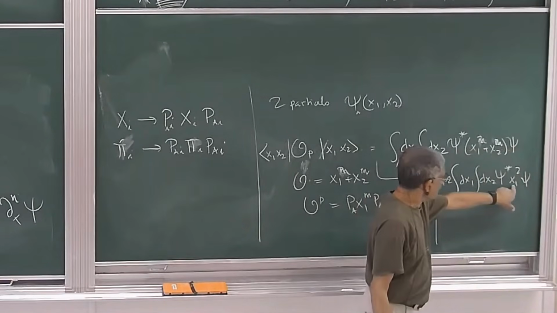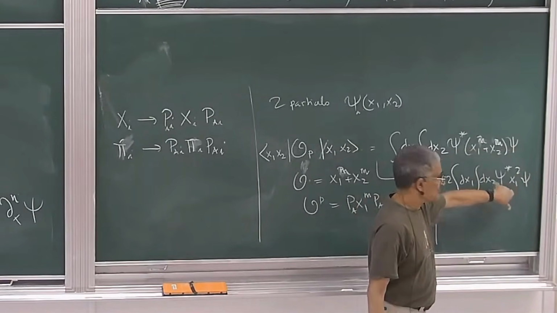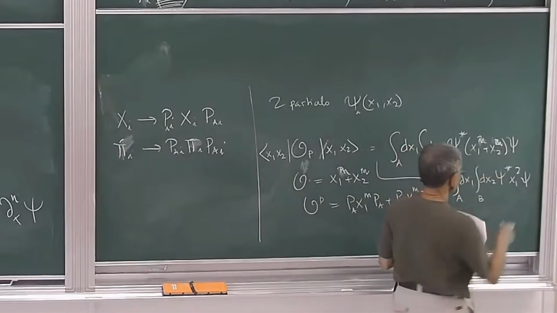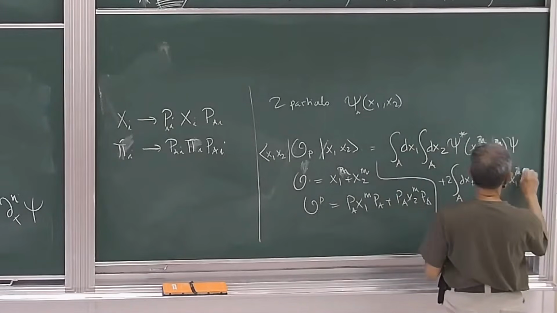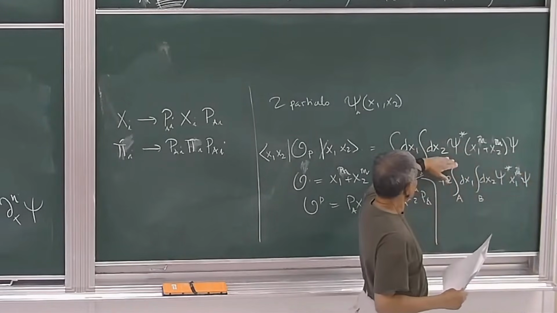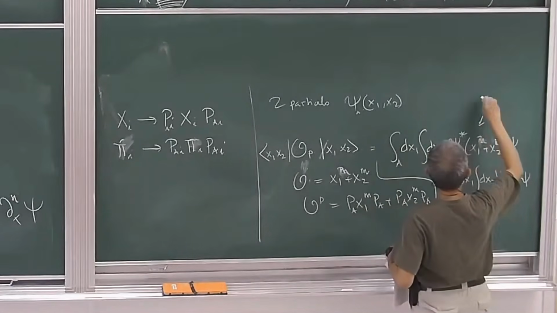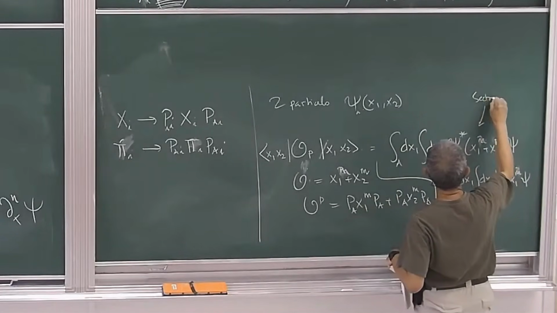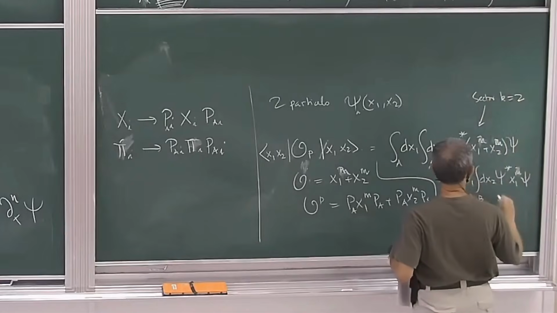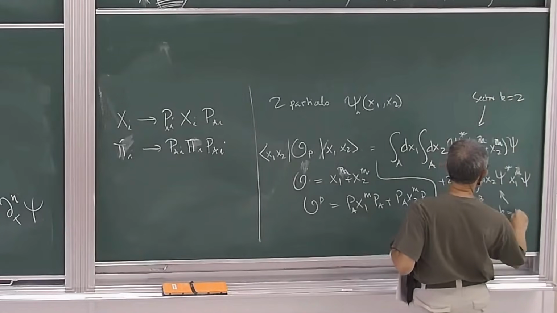You see, there is only one term here, and there are two terms, x1 to the power m and x2 to the power m. So this is the sector which I call k equal to 2, and this is the sector with k equal to 1.